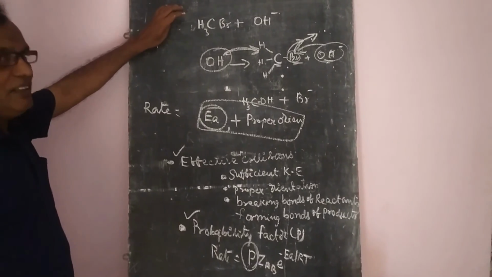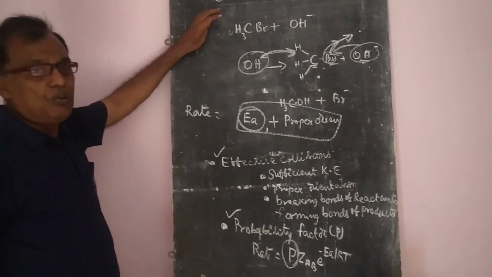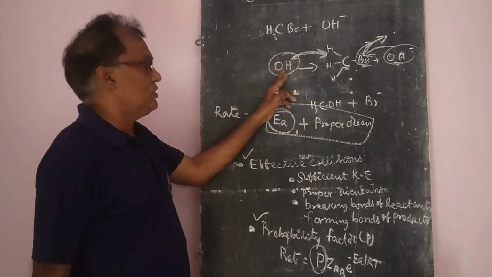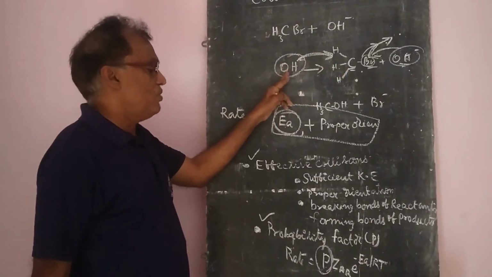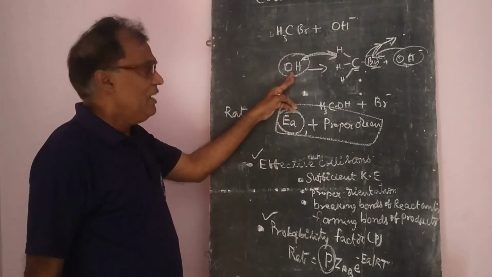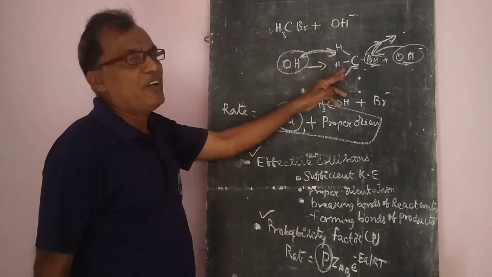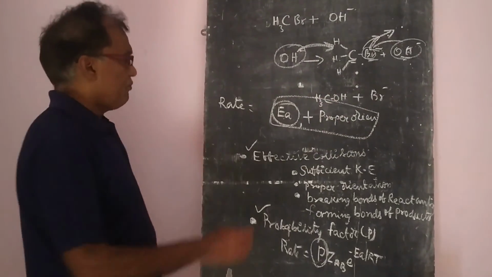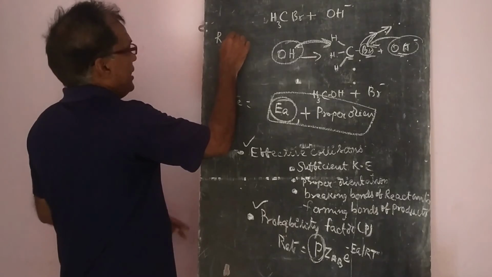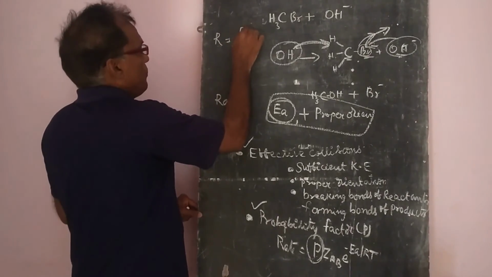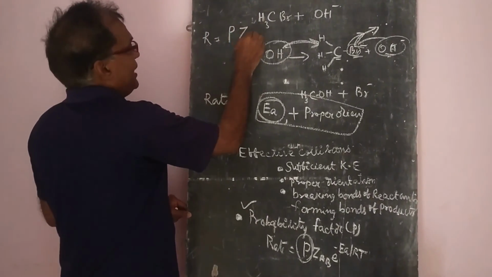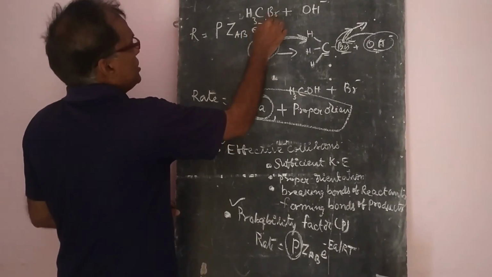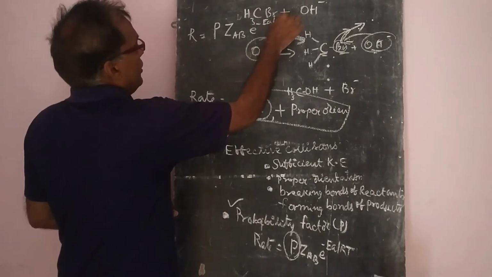That means when the reaction occurs, two factors must be clear. The molecules which are colliding should have sufficient kinetic energy and should be in the proper orientation. Then only we will get the product. So finally, the rate of reaction is directly proportional to the probability factor, the collision frequency ZAB, and the activation energy term.